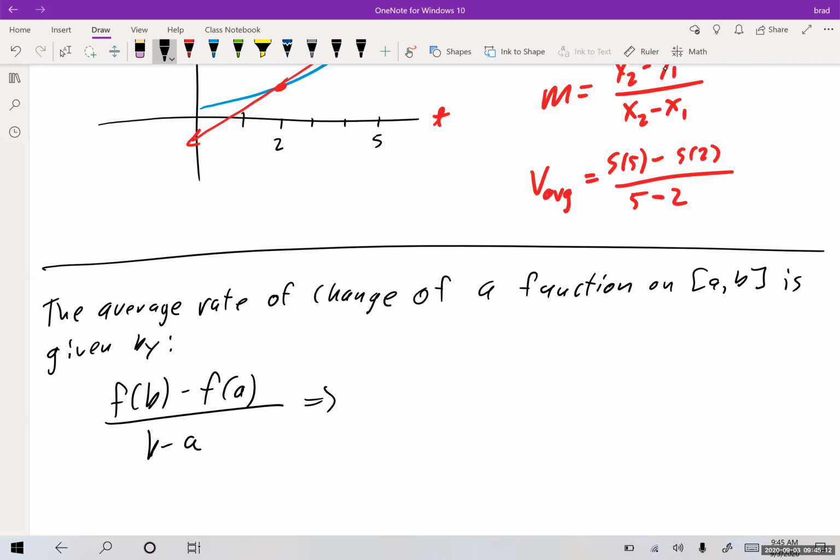And this is the slope of the secant line.